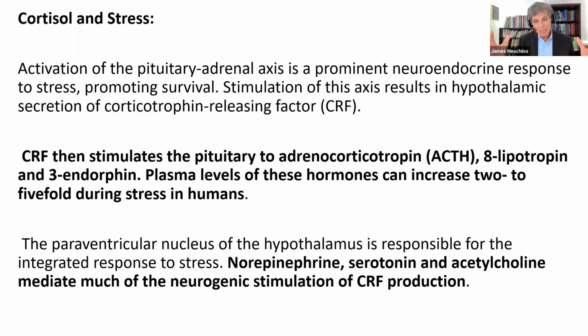But that same part of the hypothalamus that deals with the stress response is also going to modulate the secretion of norepinephrine and serotonin and acetylcholine. And it's going to play into the entire stress response that affects the nervous system as well as the neuroendocrine system.